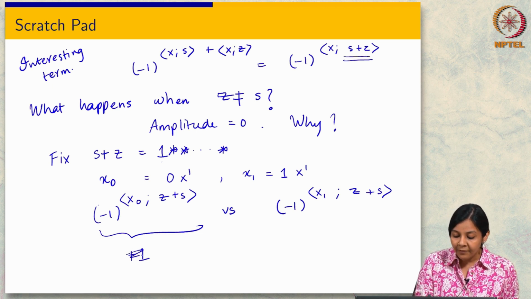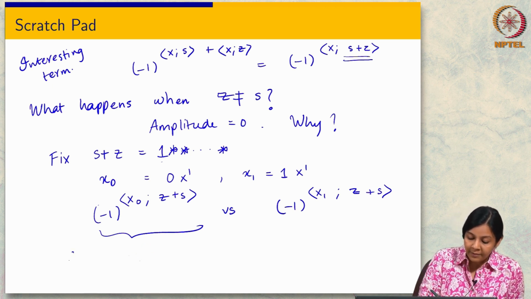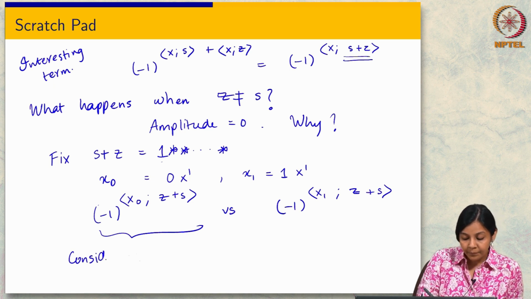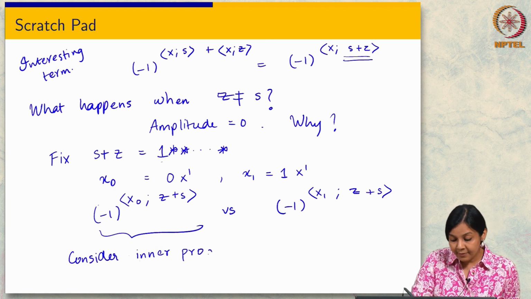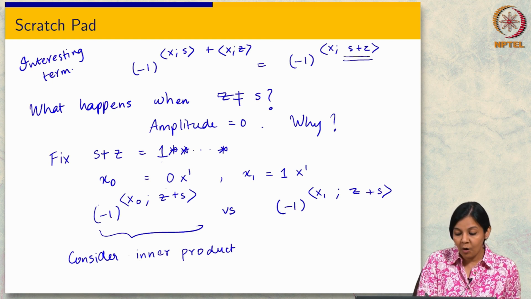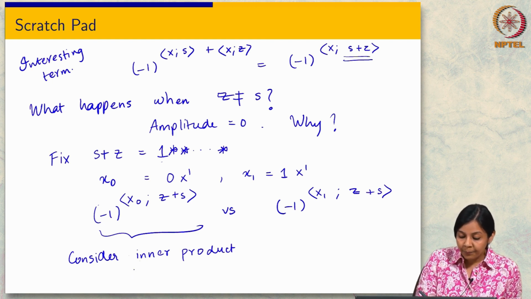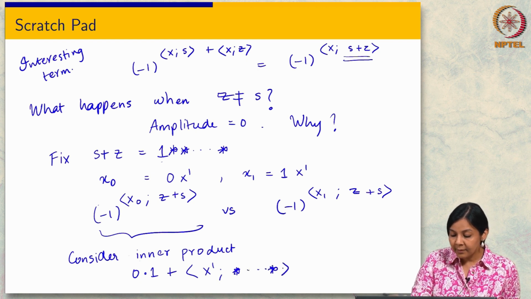Basically, let me write it very explicitly. Let me consider this inner product. The first bit of x0 is 0, and so I get 0 times 1 plus whatever, some x prime, star star star.